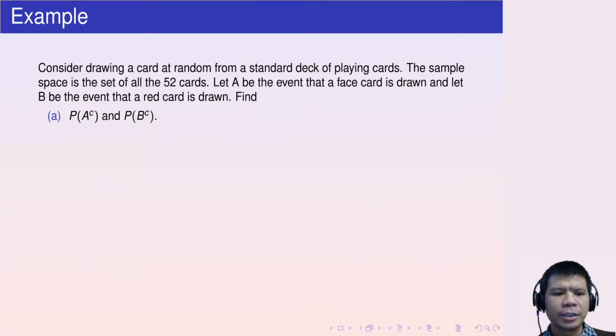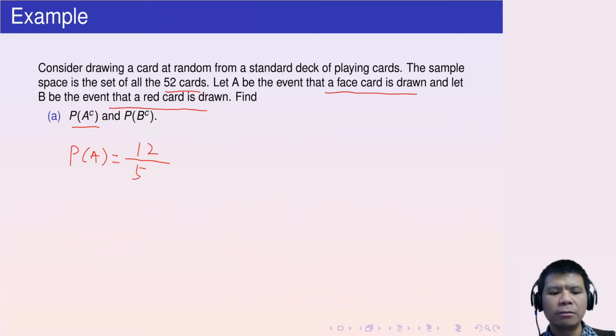Consider this example. Drawing a card at random from a standard deck of playing cards, the sample space is the set of all 52 cards. A is the event that a face card is drawn. B is the event that a red card is drawn. Now, what is the probability of A complement? As we know, there are 12 face cards among the 52 cards in the deck.